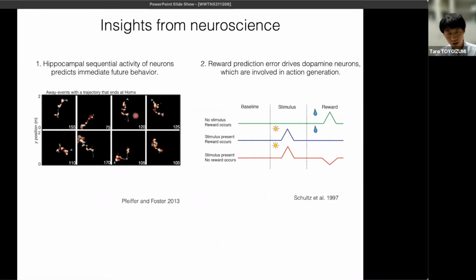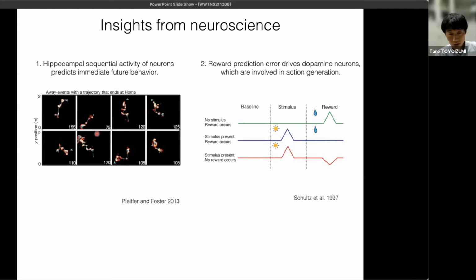Before an animal like a rodent performs an action, hippocampal place cells or cortical cells exhibit a sequence of activity in the presence of sharp-wave ripples.